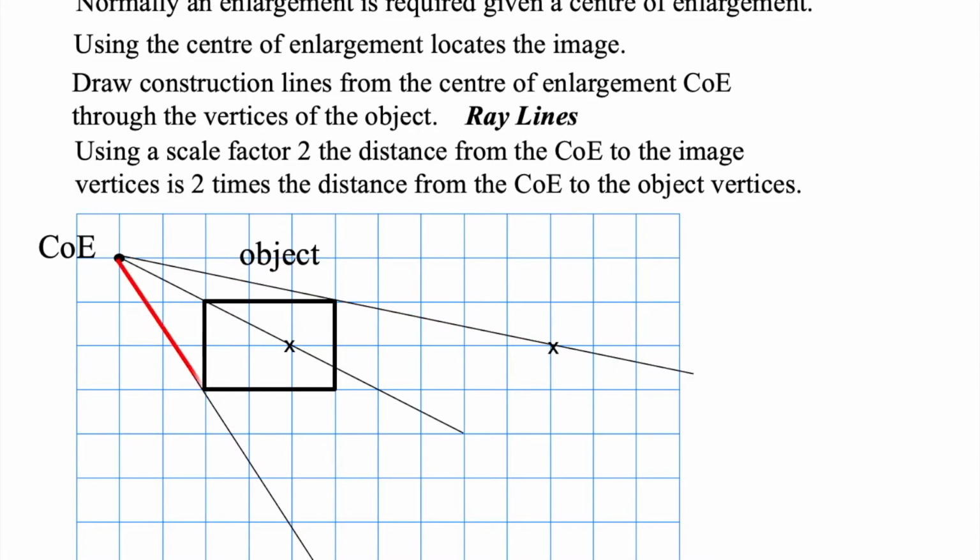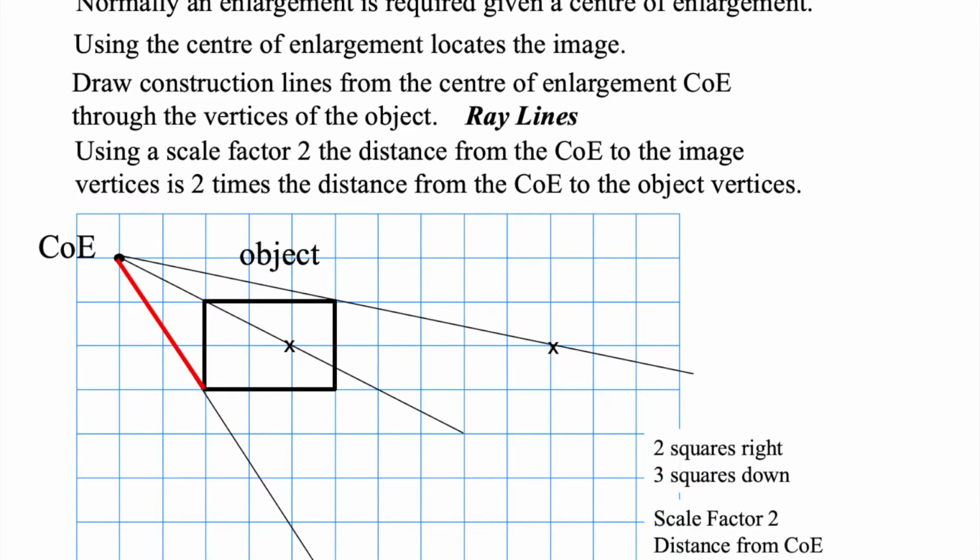Similarly, you go to this one: what is the distance from the center of enlargement to the corner? Using a scale factor of 2, it will be 2 squares to the right and 3 squares down, which multiplies to 4 and a 6. Hopefully you are following this, and you have your 3 points there.